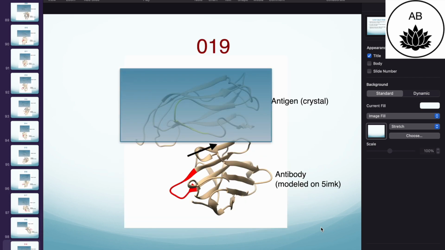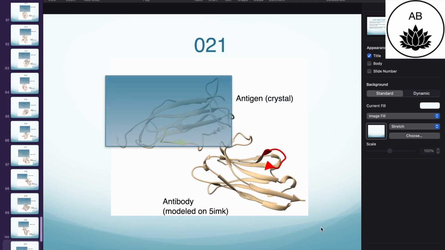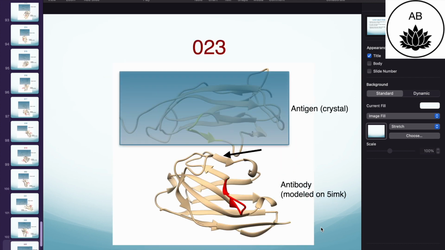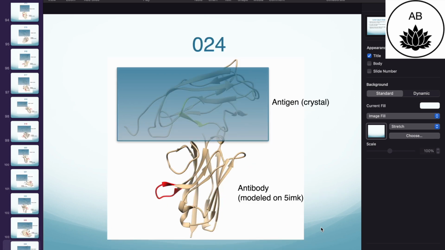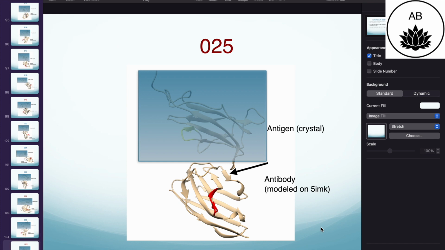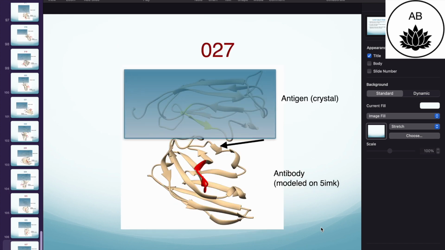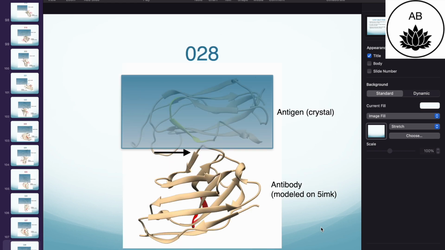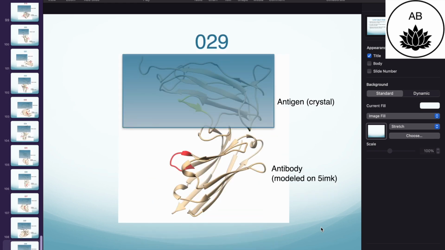In 19, again, a little bit of it, yes. In 23, yes, this part is coming up as CDR visibly. In 25 too. In 27 as well. And in 28 as well.